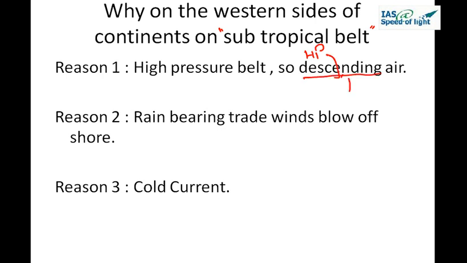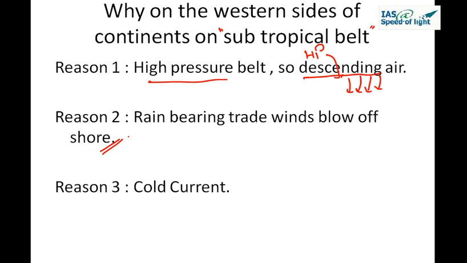The air which is going to sink is not going to produce rainfall. So reason one, it is a high pressure belt. So descending air, there is going to be no rainfall. So rain-bearing trade winds blow offshore. As we have discussed, the rain-bearing trade winds blow offshore.